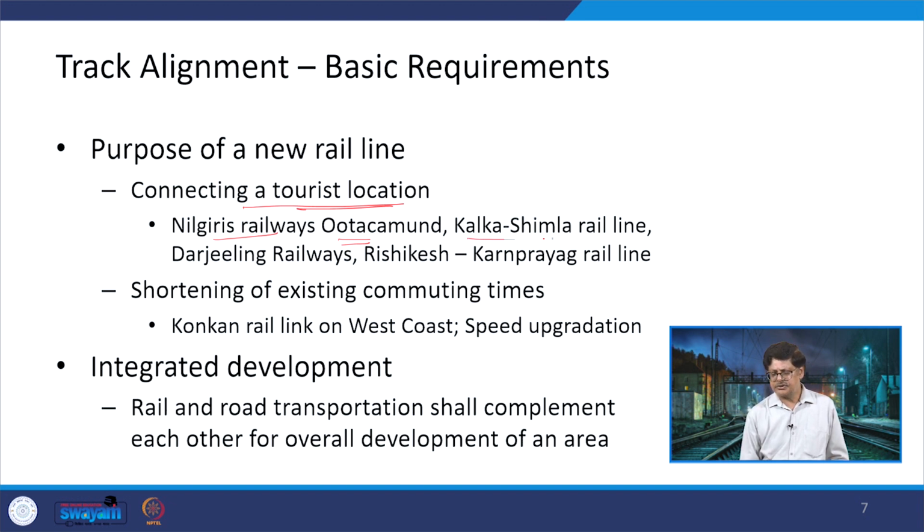The Kalka Shimla rail line is another such connectivity, considering that Shimla is one of the big tourist places. Up to Kalka there is a broad gauge network, and then from there the hill gauge or narrow gauge goes to Shimla.